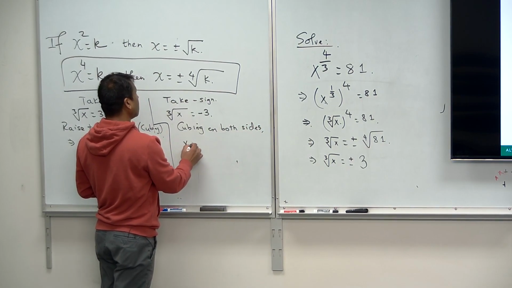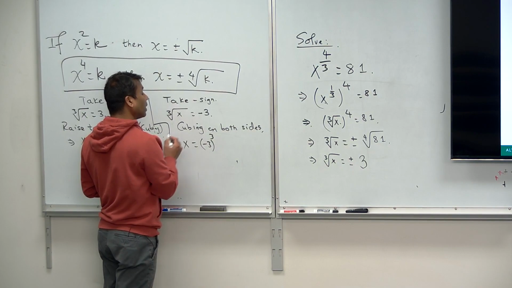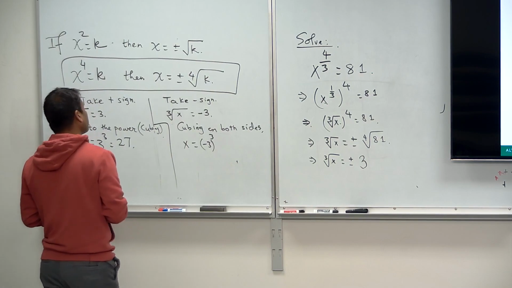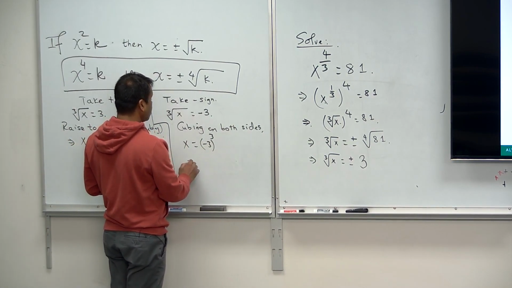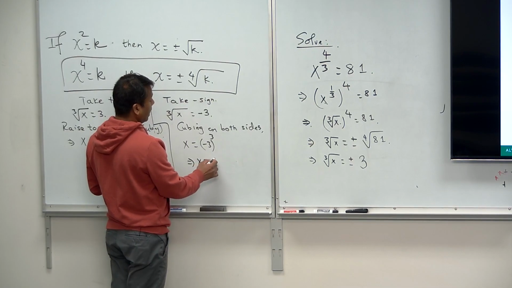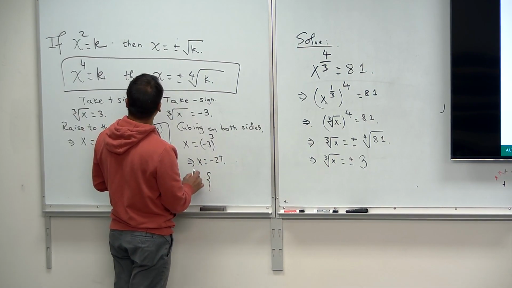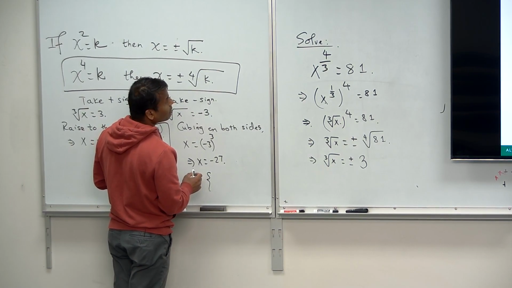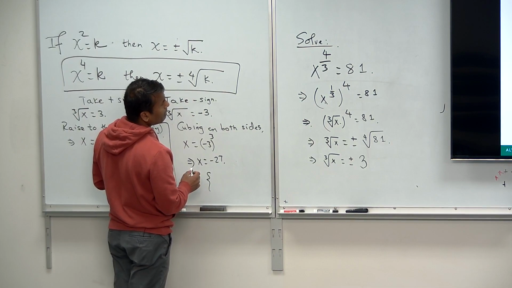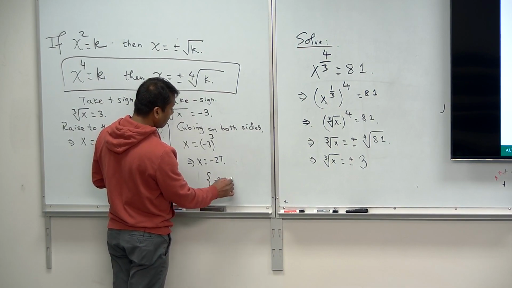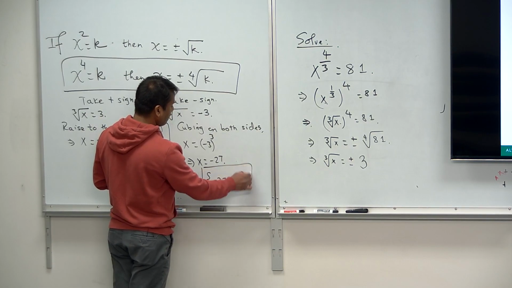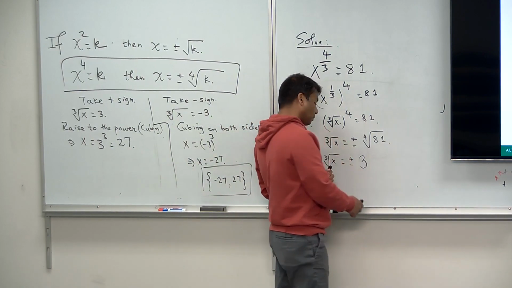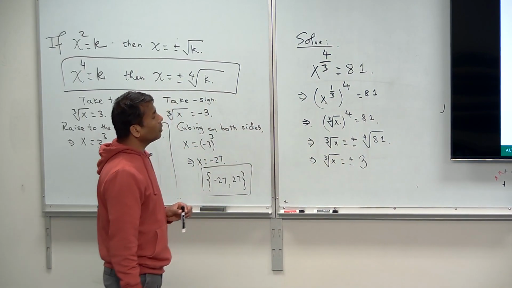So we get x equals negative 3 raised to the power 3, which is x equals negative 27. So the solution set is negative 27 comma positive 27. Good? So plus or minus 27.